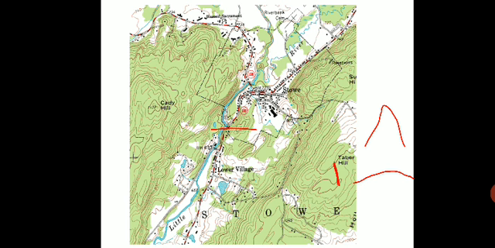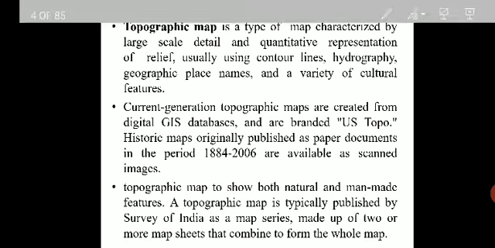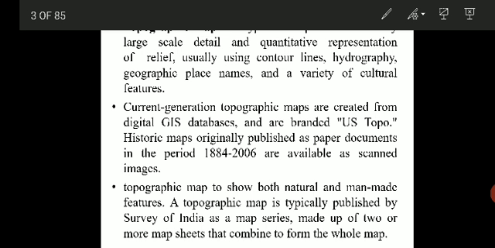All these man-made as well as natural features are shown on the map. Here you can see there is a river which is flowing, here there is a water body, a dam, all these are shown on a map. Current generation topographic maps are created from a digital GIS database, and they are branded as US Topo.